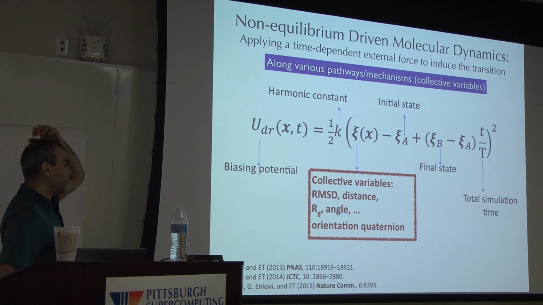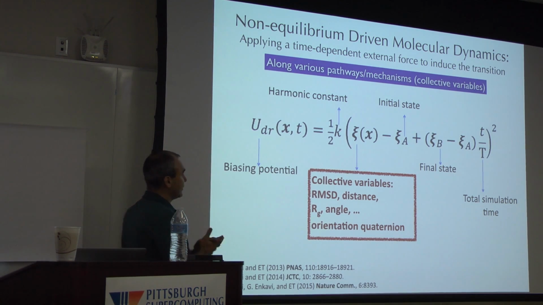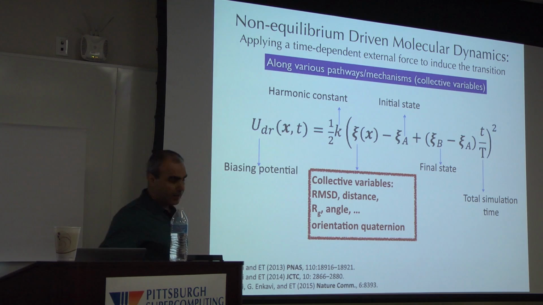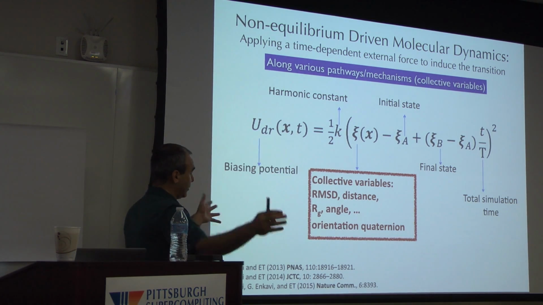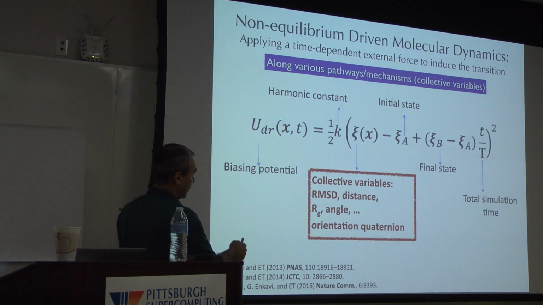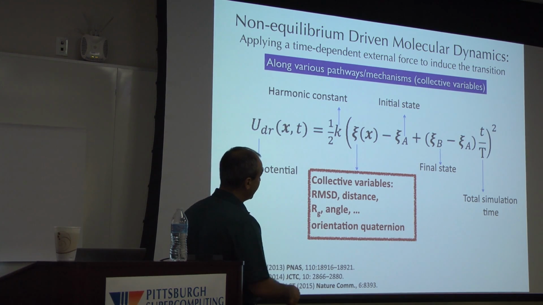So in terms of what you do in all these biasing simulations, you have a biasing potential in addition to your force field potential. You introduce a biasing potential. It has a force constant, how stiff, how strong you are biasing the system.